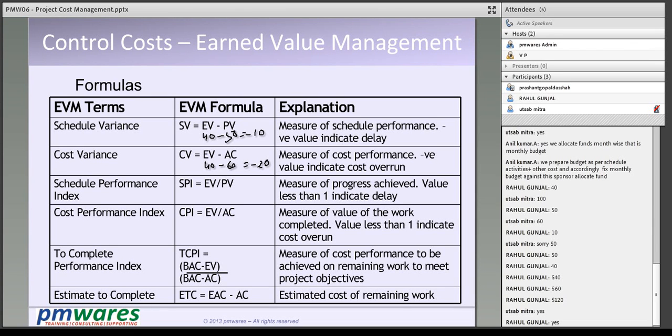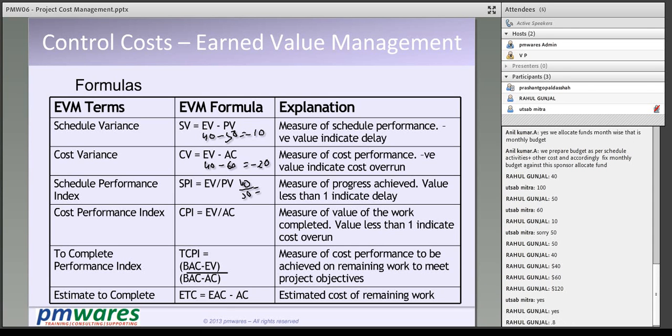On the 5th day. Now SPI, at what rate I am going, that is 40 divided by 50, equal to how much is that? 0.8, right?